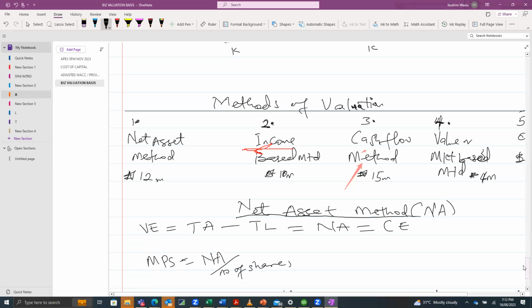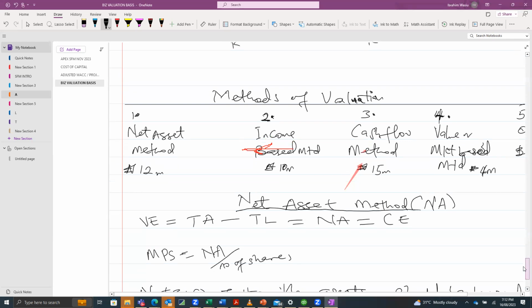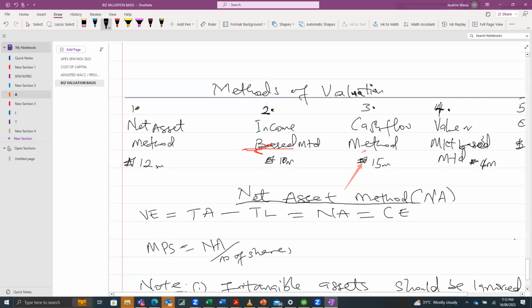So according to the rule of business valuation, among these 4 methods, which one is the lowest amount the company should accept? If you want to advise them on the least amount they should accept for their value, which one are you going to tell them? What amount? That's value market, 4 million.